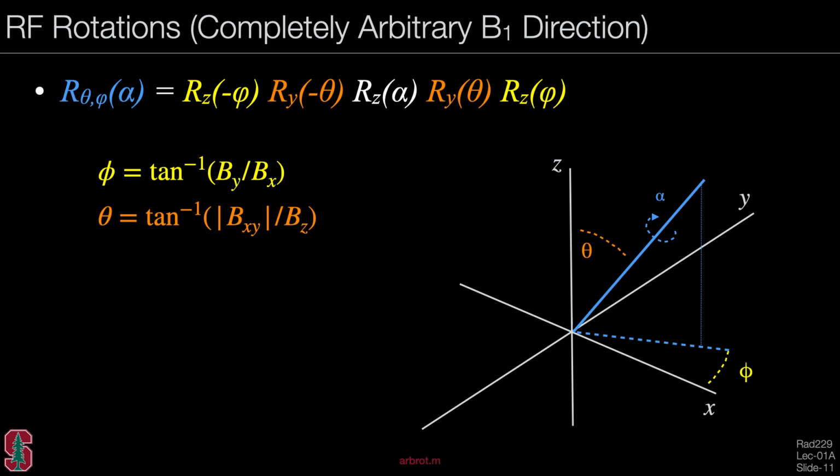But what we can show you is, again, given a rotation angle of alpha, given an elevation angle theta, and an azimuthal angle phi, you can break this rotation up into 5 different rotations and do this quite easily. And numerically you could calculate this rotation matrix, and again it would be a 3x3 rotation matrix.